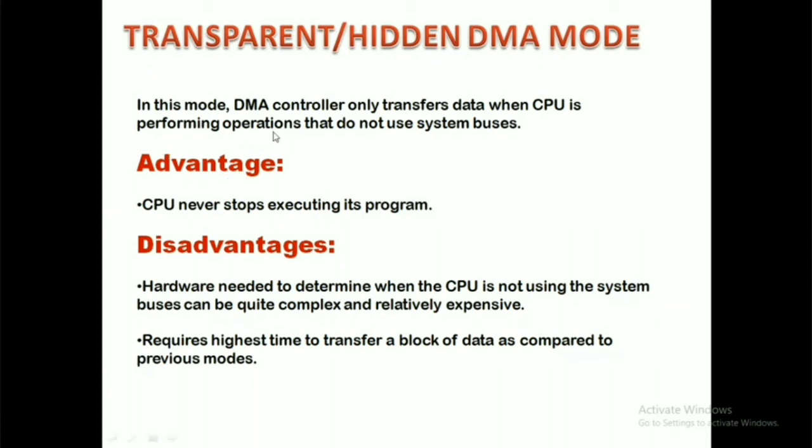So its advantage is the CPU never stops executing its program. The disadvantage is that the hardware needed to determine when the CPU is not using the system buses can be quite complex and relatively expensive. So it requires the highest time to transfer a block of data as compared to previous modes, and therefore this is the slowest DMA transfer.